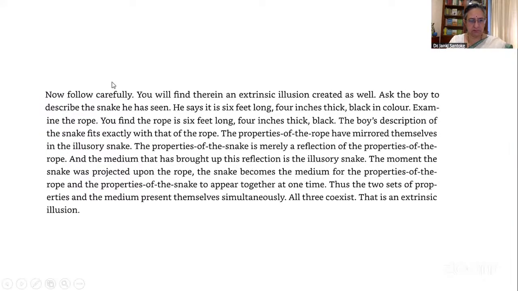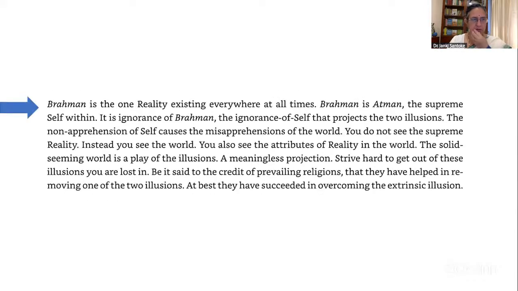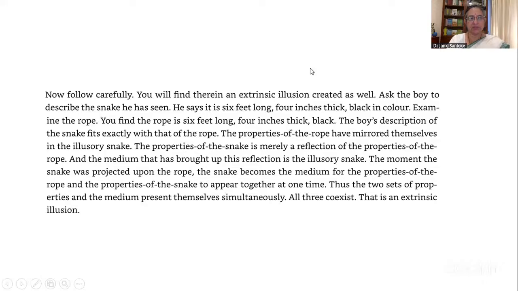No, it's back, a bit before this. The world appears to you. That is the paragraph, I think. How did we jump there? The human beings are caught up in both intrinsic and extrinsic illusions. The world appears as a... Yeah, from there we have to start. Okay.